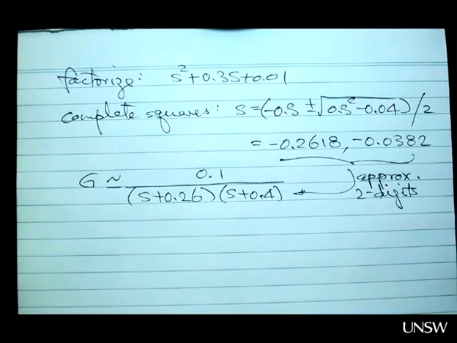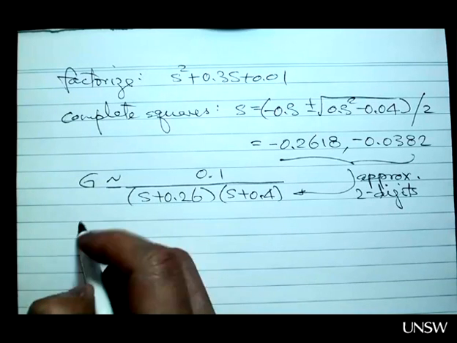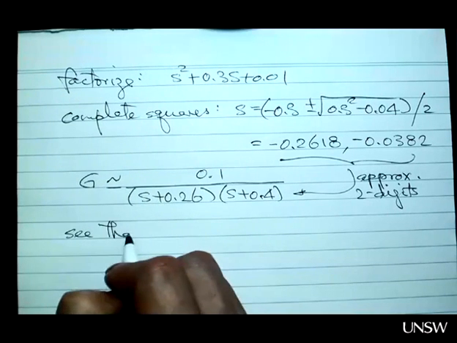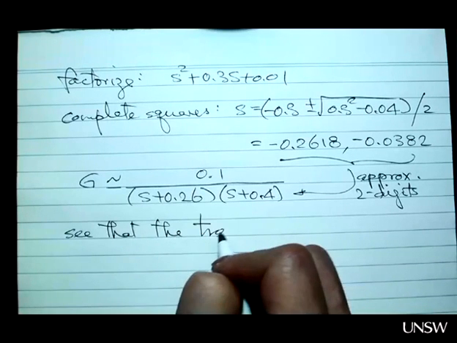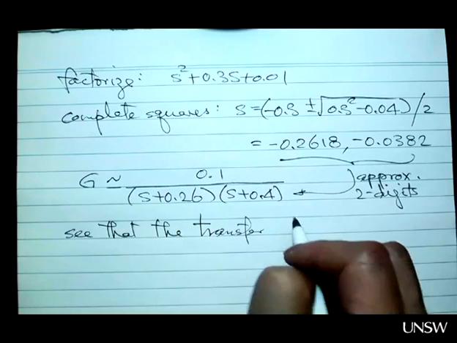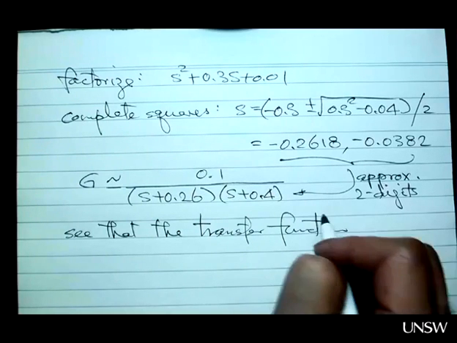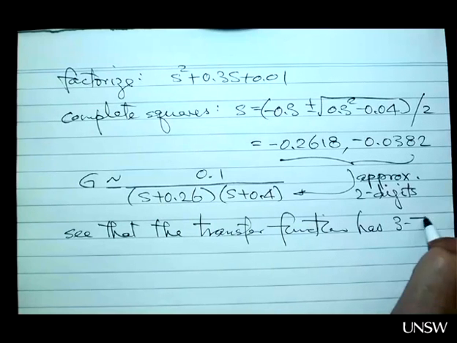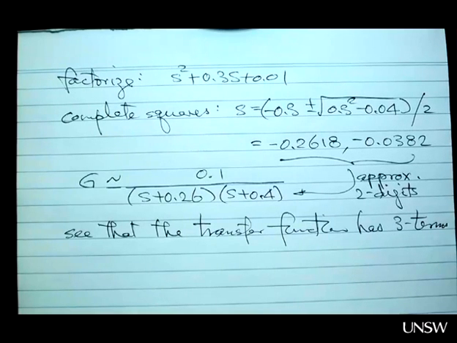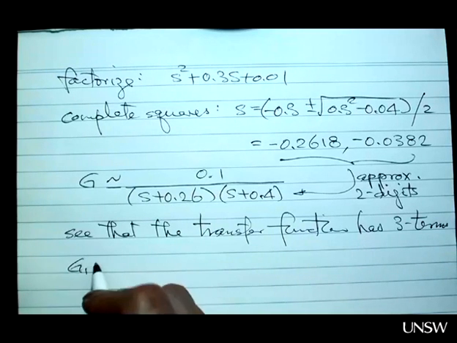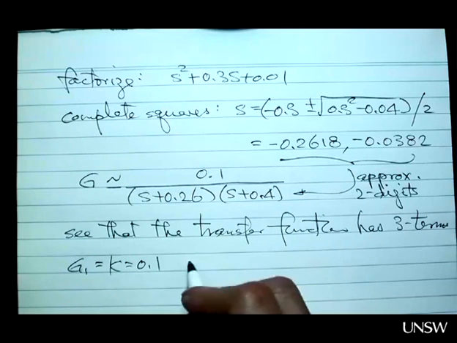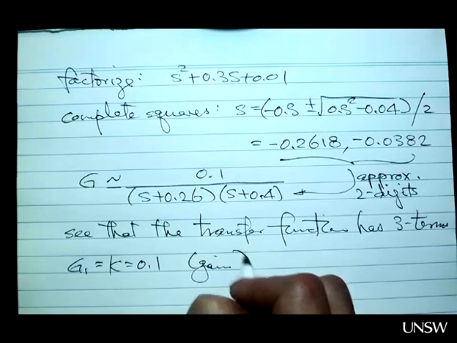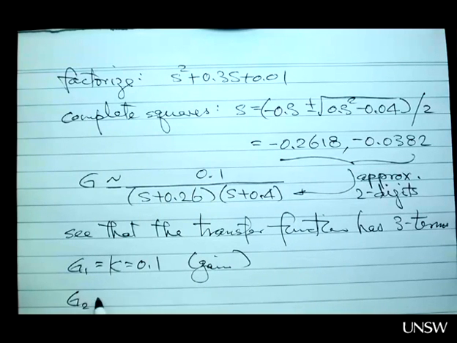Now we see that the transfer function has three terms. So the three terms, we call it G1 equals K. K is 0.1, that is the gain. Okay. And then we let G2 equals s plus 0.26.